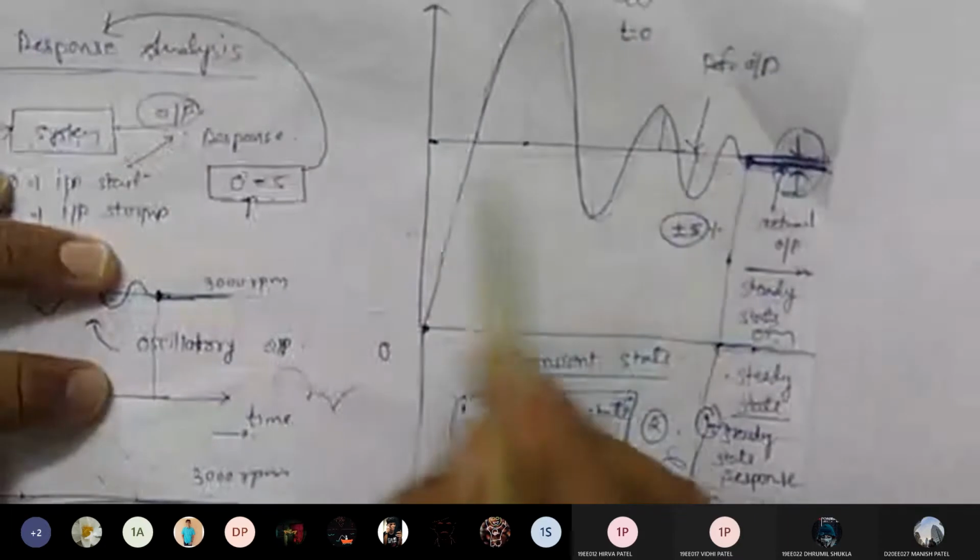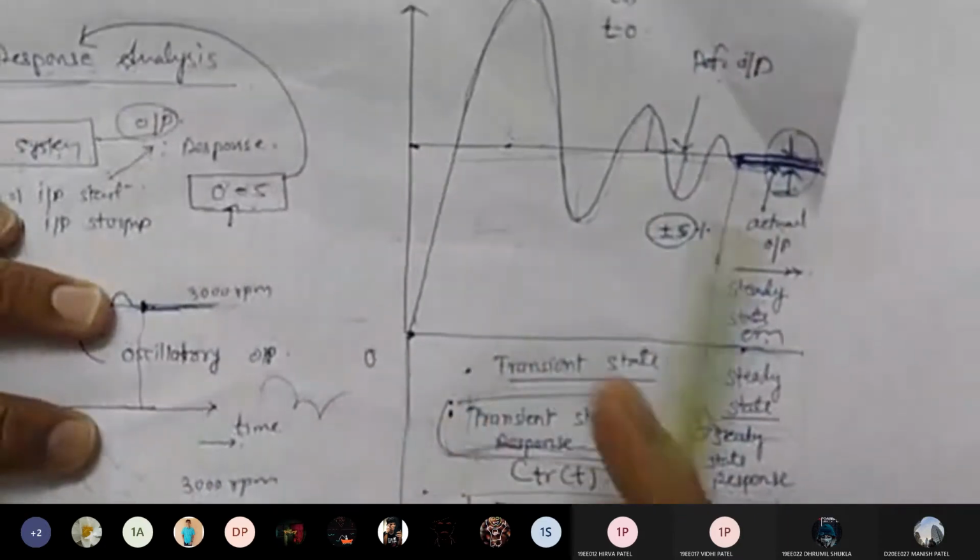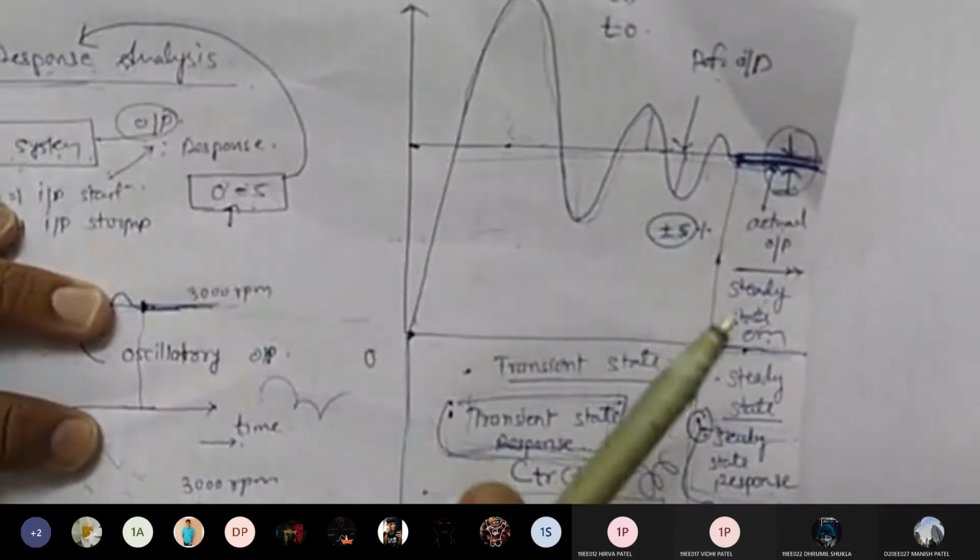In the later part of transient response analysis we took the first order system, and for the second order system only one input we have done. Okay, all clear with this? Yes, sir.